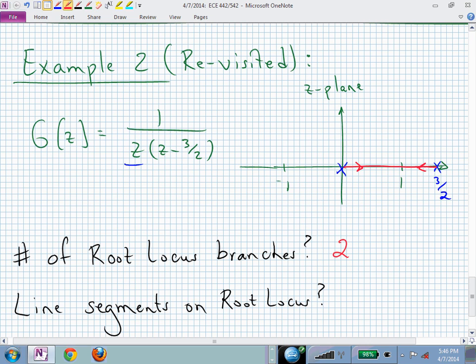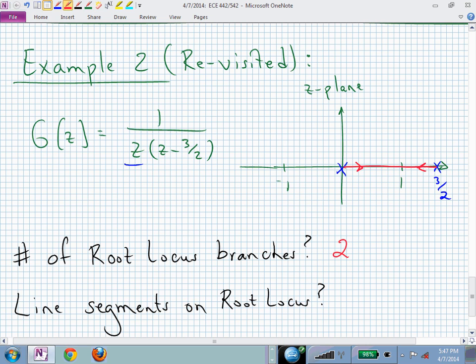Am I always stable for non-negative values of K, if this system is connected in a negative unity output feedback configuration? Am I always stable? No, and that's what this root locus is supposed to be giving you: insight into the behavior.